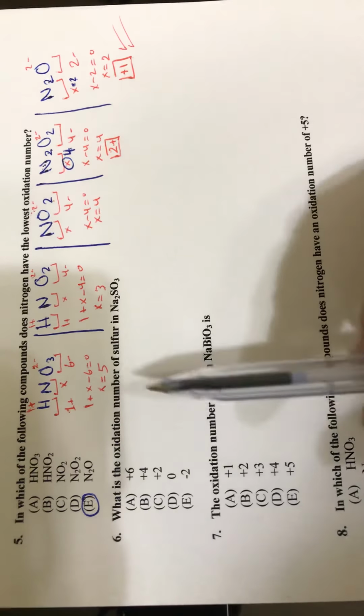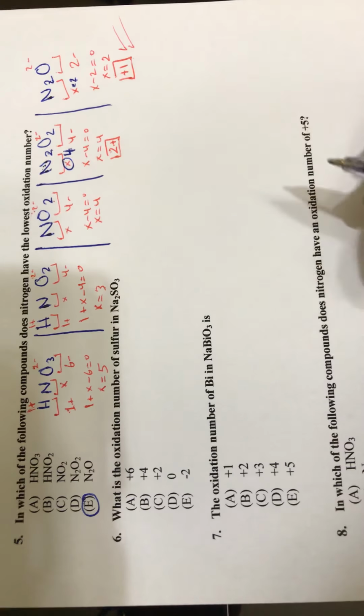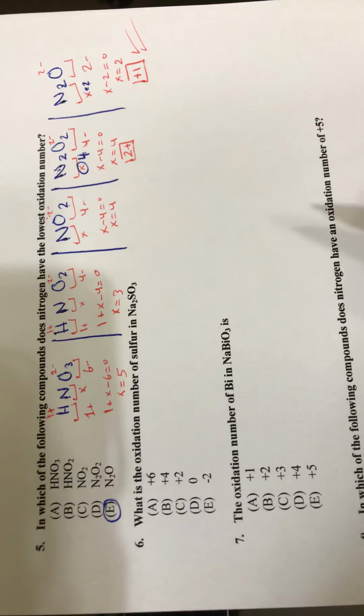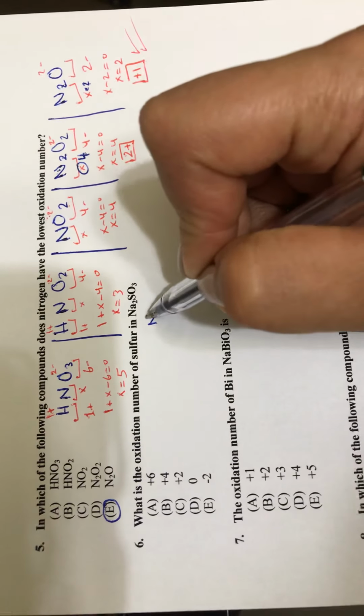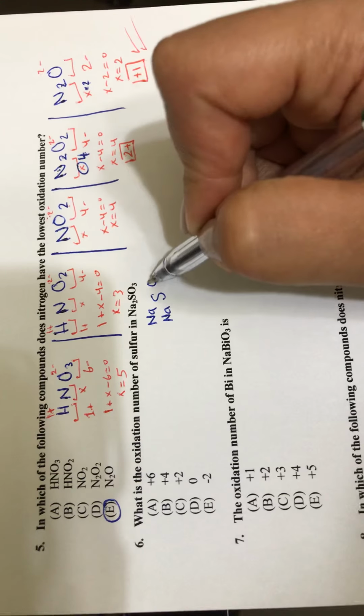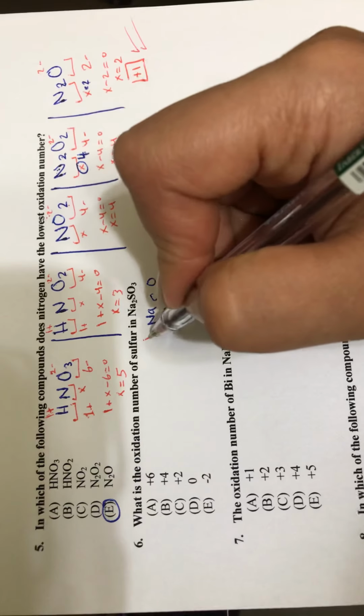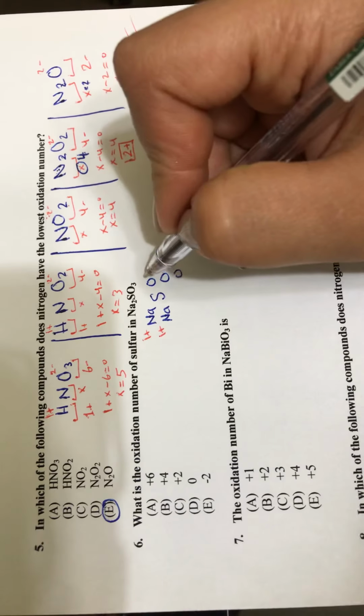Question 6. What is the oxidation number of sulfur in Na2SO3? Okay, it contains 2 sodium atoms, 1 sulfur, and 3 oxygen. The charge of sodium, it's in group 1, so +1. Oxygen, according to the rule, -2.